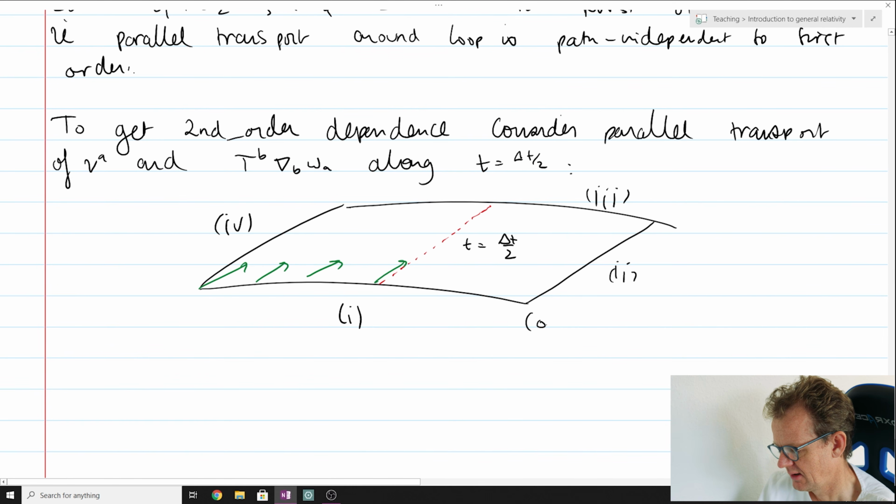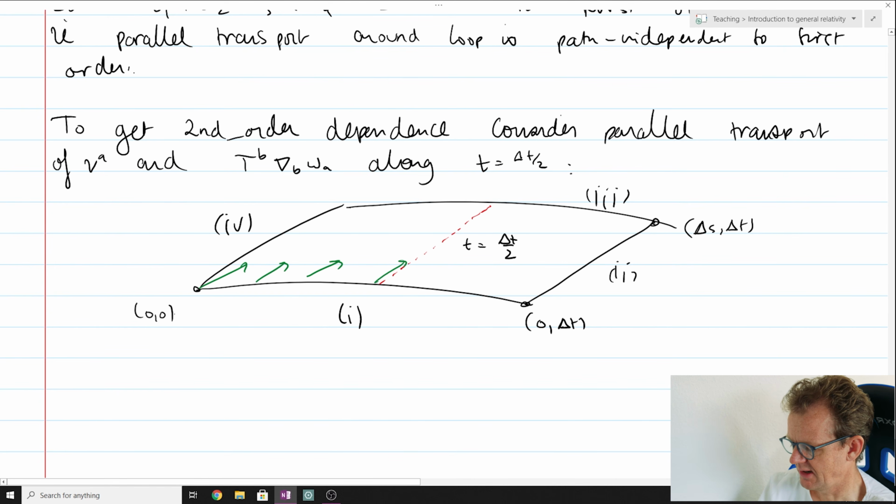So here's the point delta s, 0, here's the point delta s, delta t up here. Here's the coordinate 0, 0. So we're parallel transporting V^A along this mid-curve. We're not going to parallel transport it all the way around the loop. We're just going to send it up to the mid-curve. And we're also going to parallel transport this other vector, this covector, dual vector t^b omega_A along the same curve.